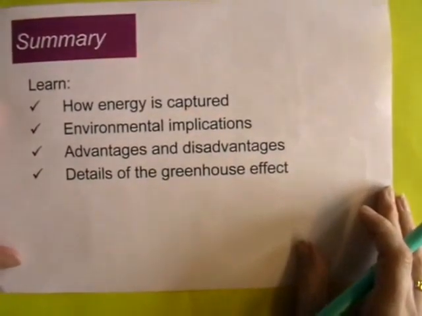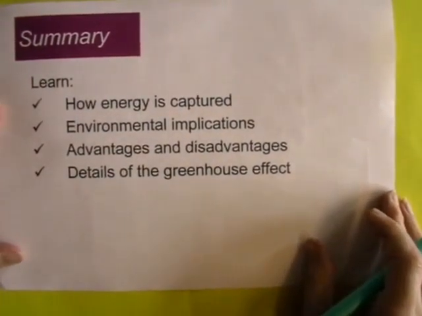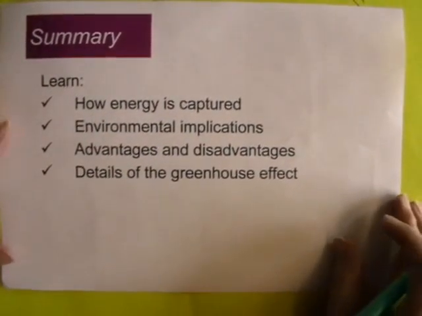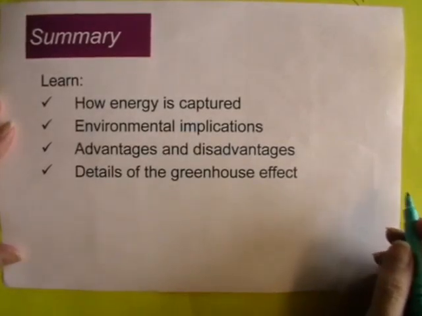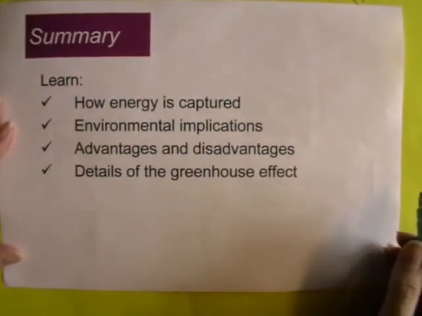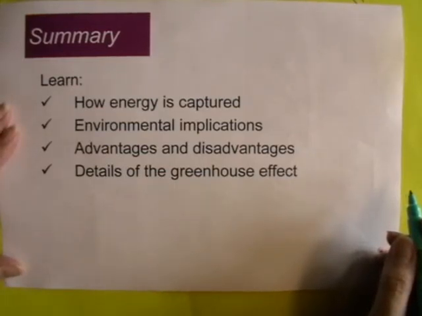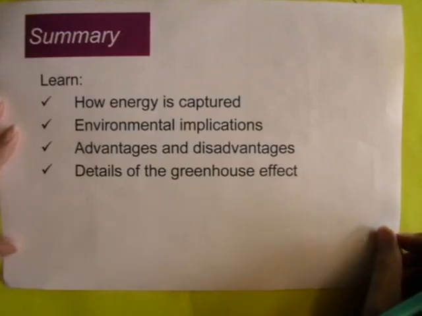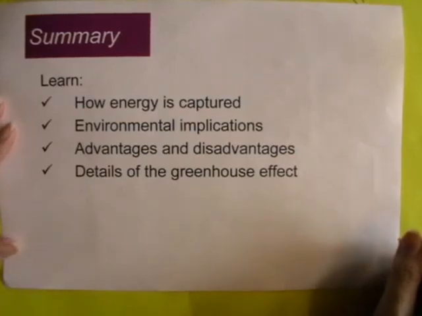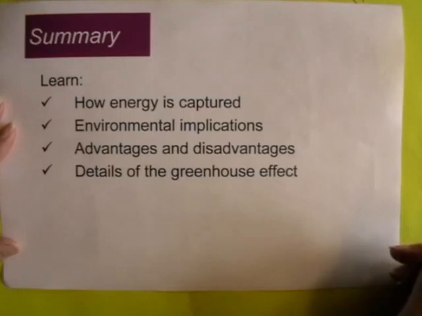To summarise what you have to learn, you should learn how energy is captured so that we can use it. Learn the environmental implications of the different sources of energy. You must learn their advantages and disadvantages. Learn specific ones for each of the energy resources. Don't just sit down and learn that it creates greenhouse gases or it creates no greenhouse gases.